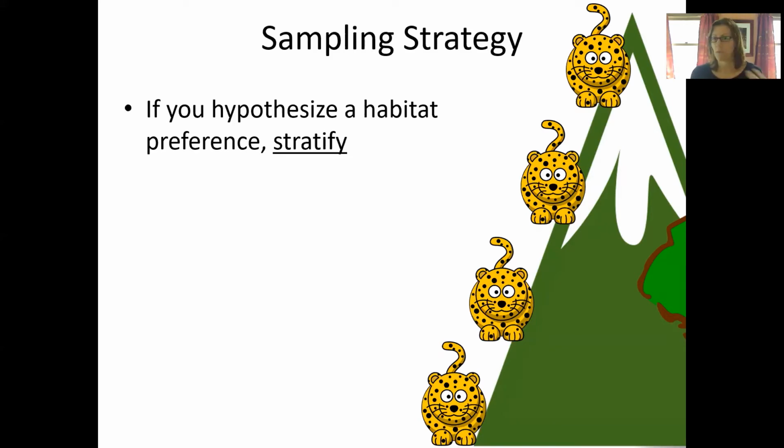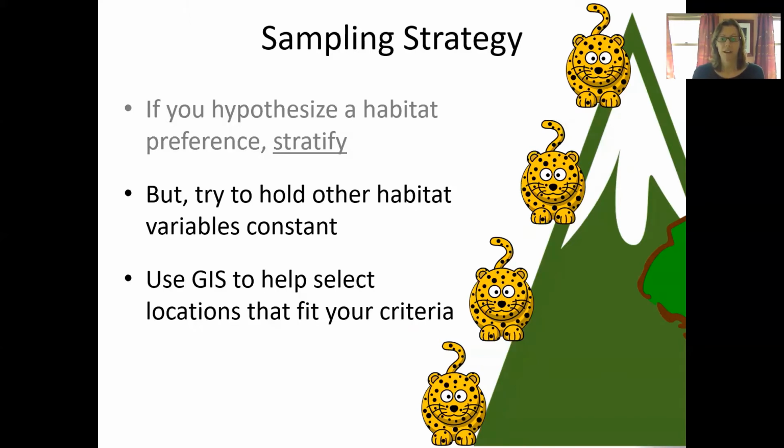For example, we think that the cat likes high elevation areas, but we want to take a transect from high elevation to low elevation so that we can test whether that is indeed true. Another wrinkle on this is that ideally we would want to hold other habitat variables constant, or as constant as we can get, across a varied landscape.